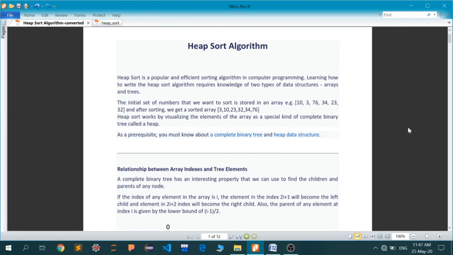So the prerequisite for understanding the heap sort algorithm is the complete binary tree, what the heap data structure is, and how to deal with it. In today's lecture, we are going to focus on the heap data structure because we are already done with complete binary tree in the first unit.